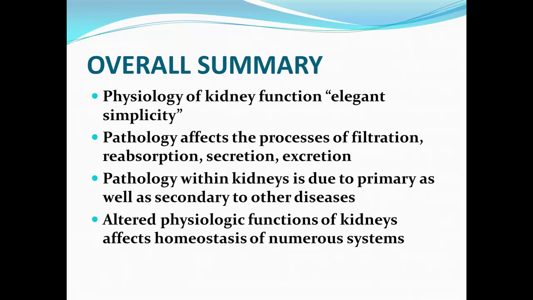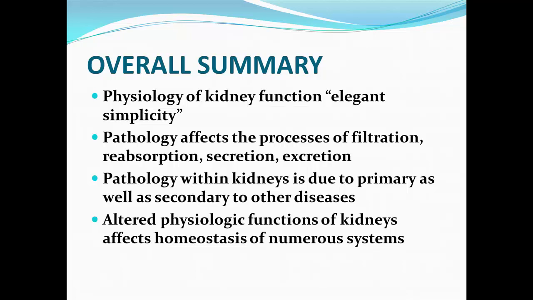So if we look at an overall summary of everything we've talked about with kidney and urology pathology, I think that the physiology of kidney function is a fairly elegant simplicity. But there's nothing simple or straightforward about what happens in the kidneys and how that affects homeostasis.